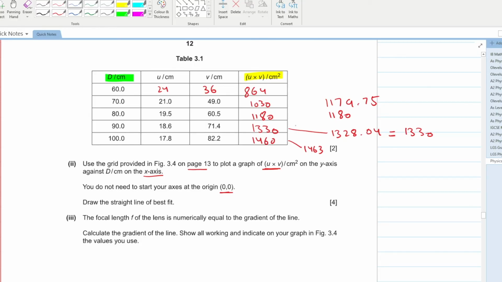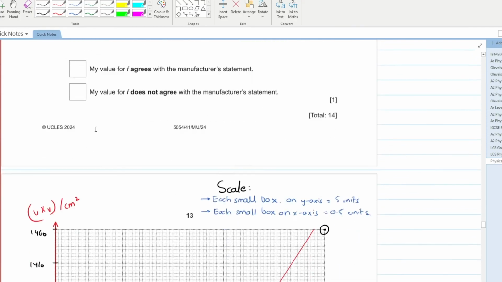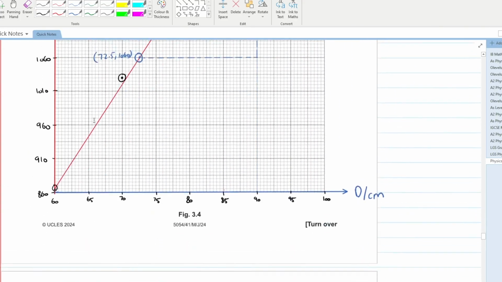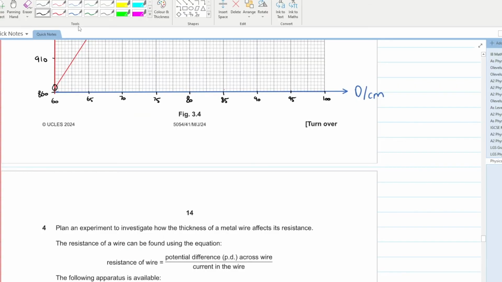Okay. So first of all, the first step that you must do is to see what are the maximum and minimum values. The maximum value that you want to plot on the x-axis is 100. The minimum value that you need to plot on the x-axis is 60. This will allow you to develop the scale for the x-axis. I have already done that, but how have I done that? Let me explain to you.